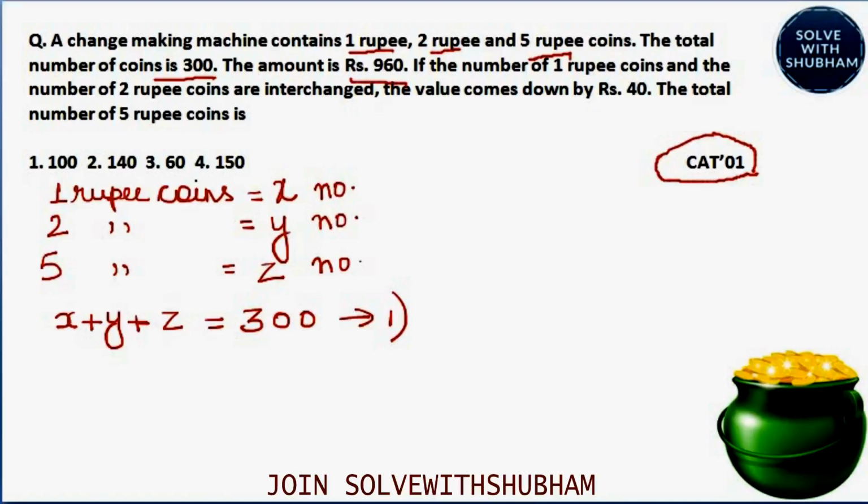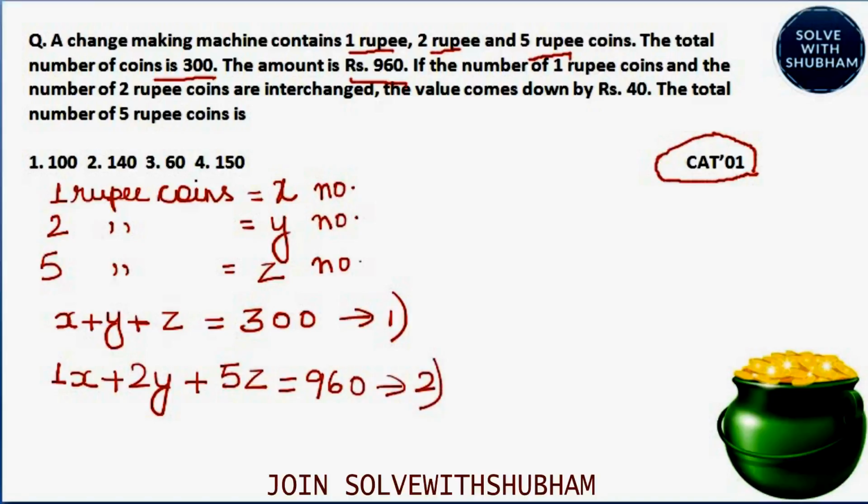When you have x number of 1 rupee coins, the value would be 1x. When you have y number of 2 rupee coins, the value would be 2y. When you have z number of 5 rupee coins, the value would be 5z. This is given as 960. This is equation number 2.